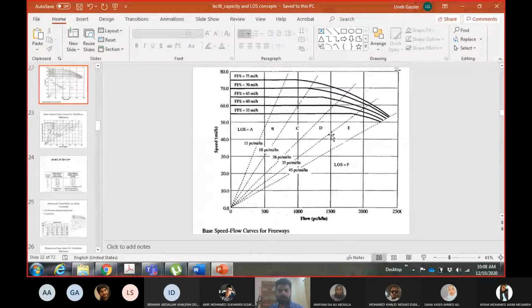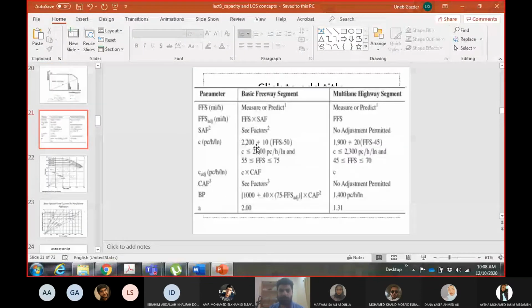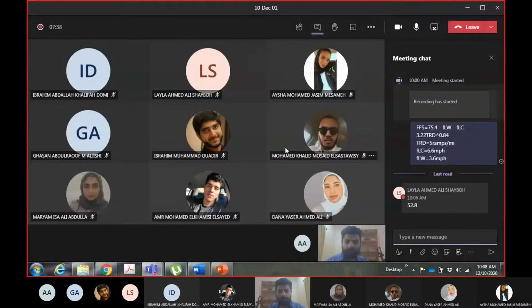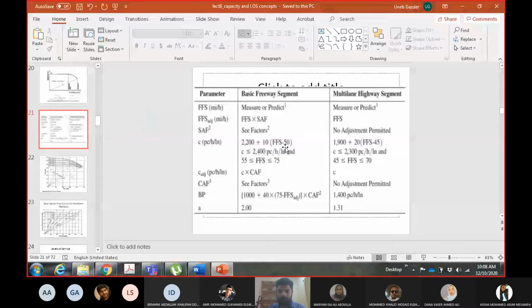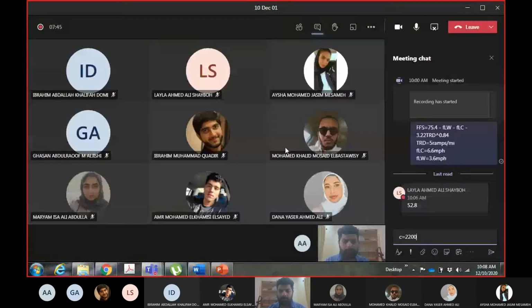Looking at the equation for capacity: 2200 plus 10 into free flow speed minus 50. So capacity will be 2200 plus 10 into 52.8 minus 50.